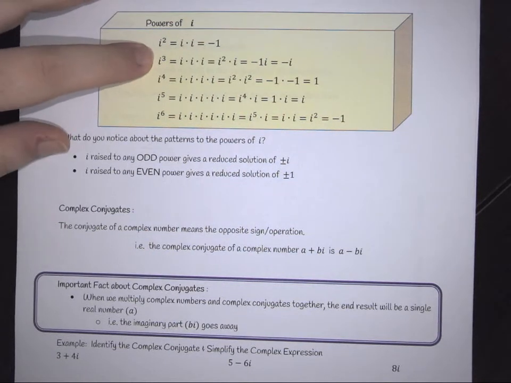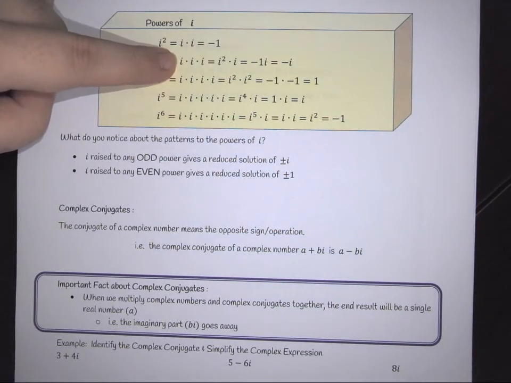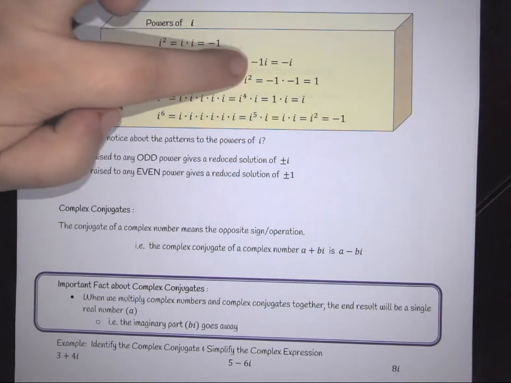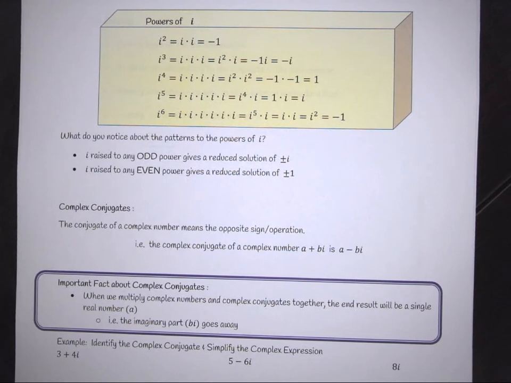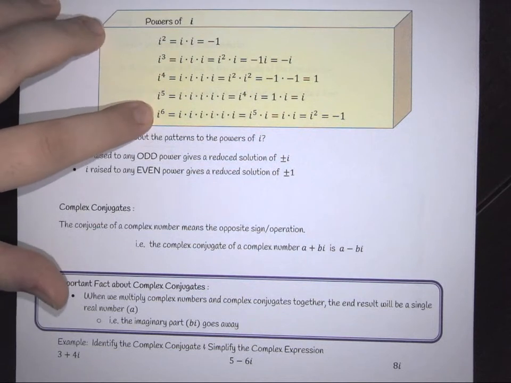So for example, i cubed is the same as i times i times i. If you look at it, you really have i squared times i. We know that i squared is -1, therefore it reduces to -i. We can use that same argument with i to the 4th, i to the 5th, and then i to the 6th.